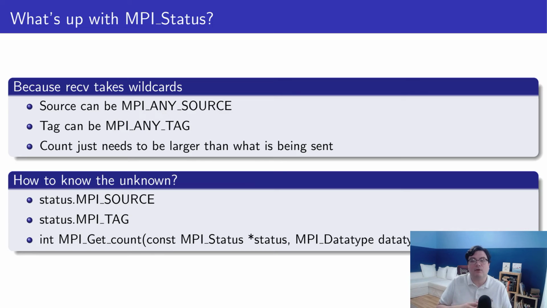But the receiver may need to know who the message was from once it is received, or how much data was received, or what tag the message had. That information can be obtained from the MPI_Status structure. The source and tag can be read directly, and the amount of data can be obtained by calling MPI_Get_count.